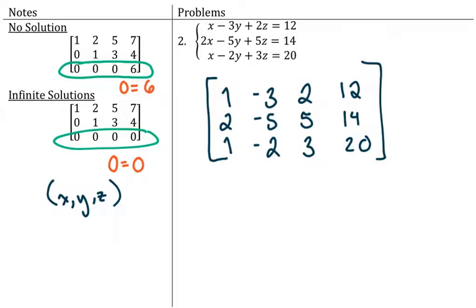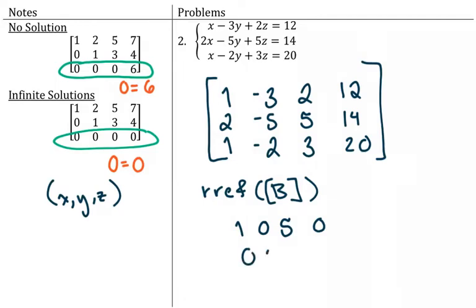So again, we've got our coefficients here, equals these numbers. Put in our reduced row echelon form for this new matrix that I've typed into my calculator. And when you do that, you get 1, 0, 5, 0; 0, 1, 1, 0; and 0, 0, 0, 1.